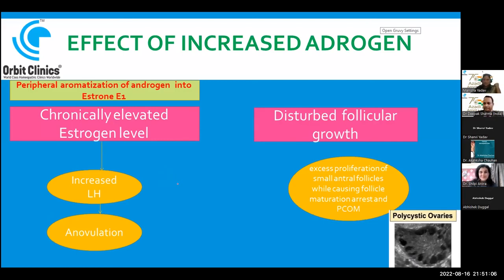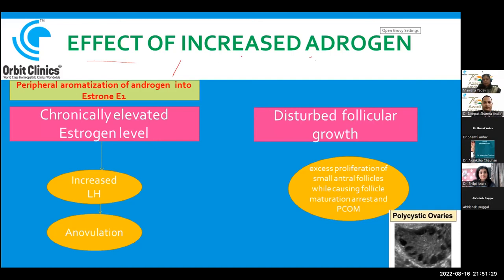Manisha. Okay, ma'am. Now next, all of the conditions like LH or FSH imbalance or insulin resistance are finally leading to increased androgen. So how does this excess androgen affect PCOS patients? What will this excess androgen disturb in the body?